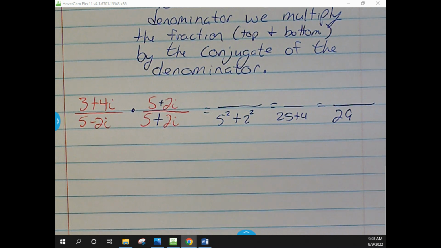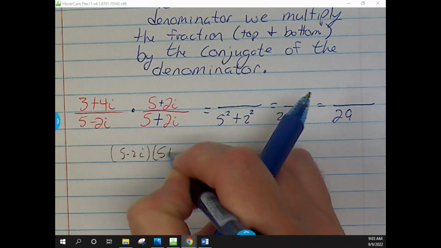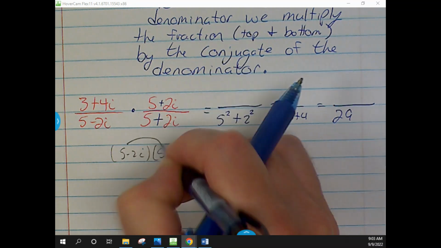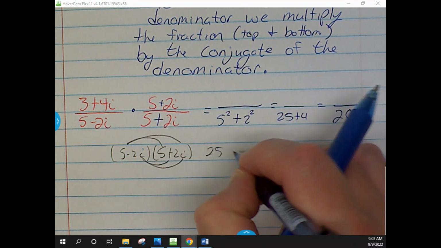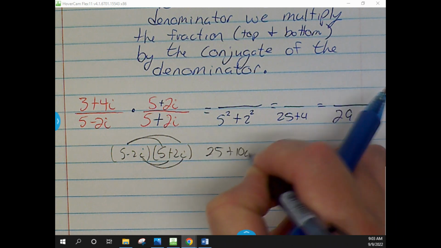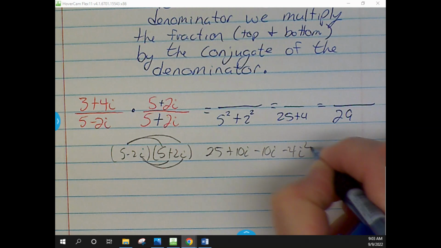Okay, and if you don't use the shortcut, then you're just going to have to do the full method, because you're going to have to do 5 minus 2i times 5 plus 2i. You're going to do that, that, and that, and that, and then you're going to get 25 plus 10i minus 10i minus 4i squared.